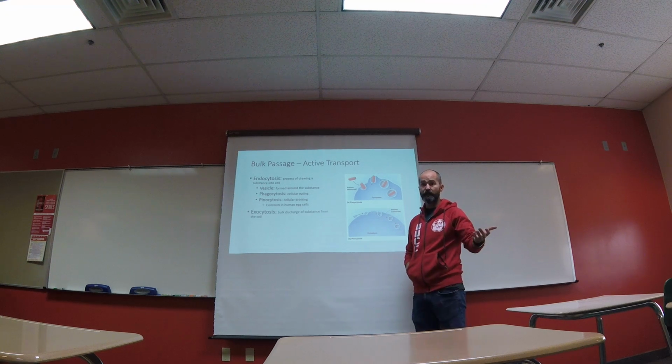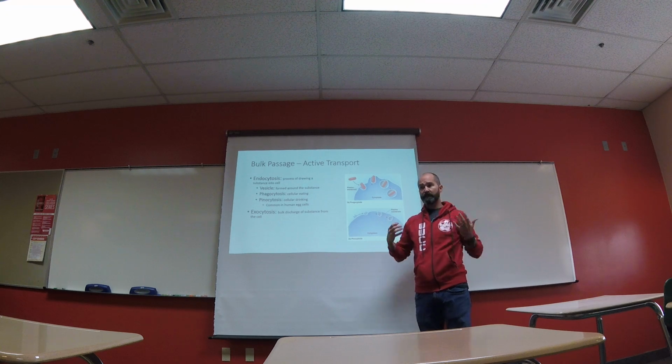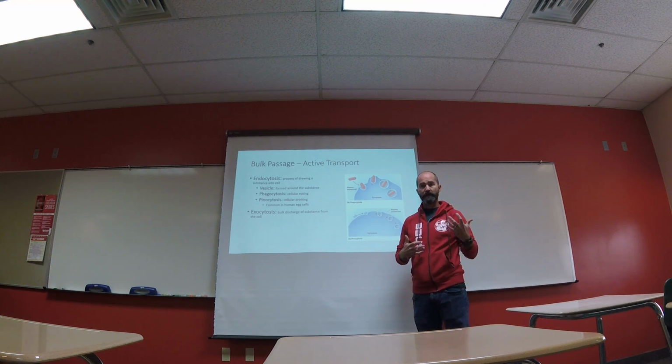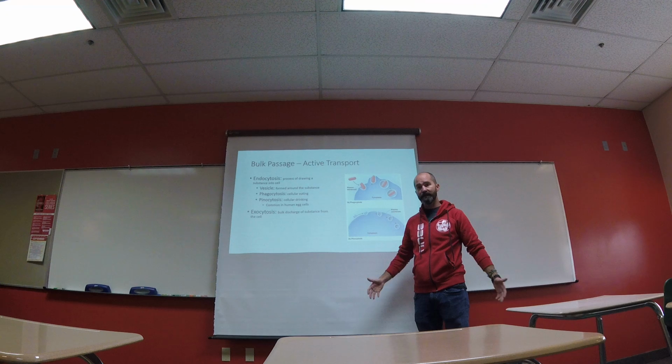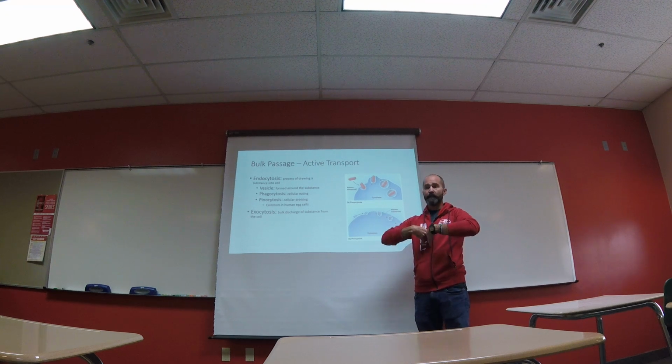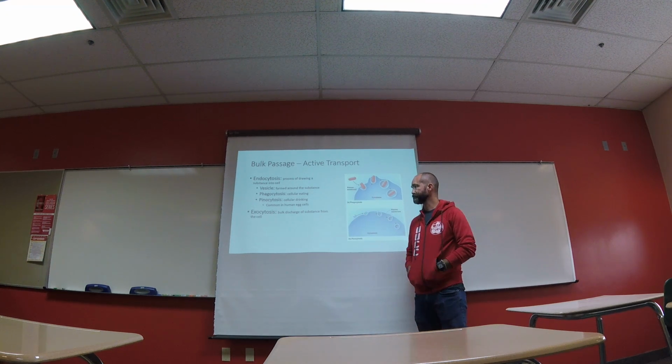We can do the opposite. We can move things in the opposite direction too, and that's called exocytosis. And that's where we're creating something inside the cell, whether it be a waste product or some protein or cellular product that's needed elsewhere, and we move it in mass to the surface of the cell, and we just extrude it out.